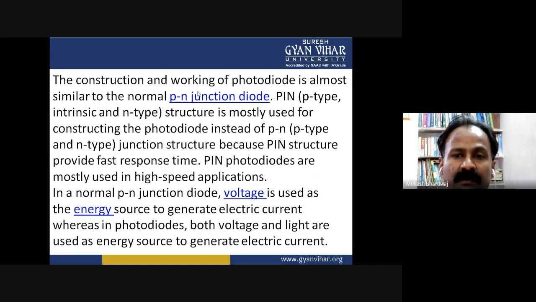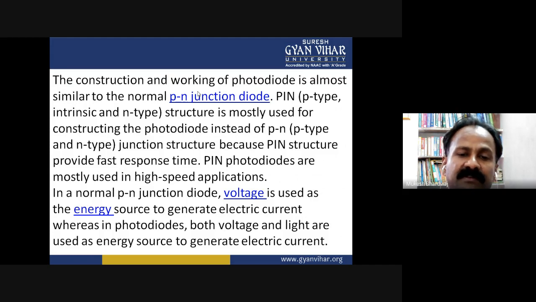The PIN structure, P-type, intrinsic, and N-type, is mostly used for constructing photodiodes instead of the PN junction structure because the PIN structure provides fast response time. PIN photodiodes are mostly used in high speed applications.